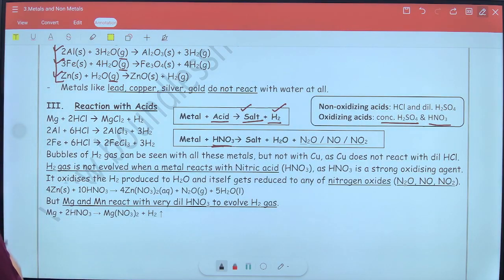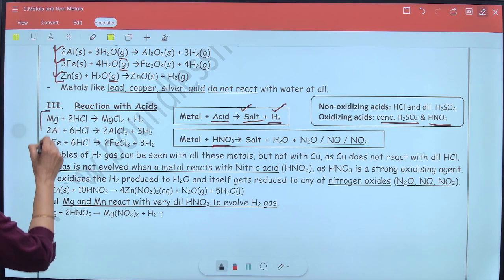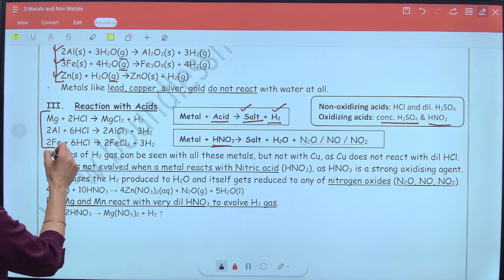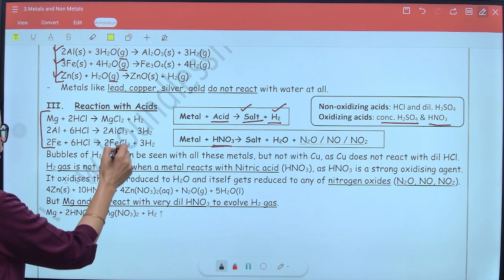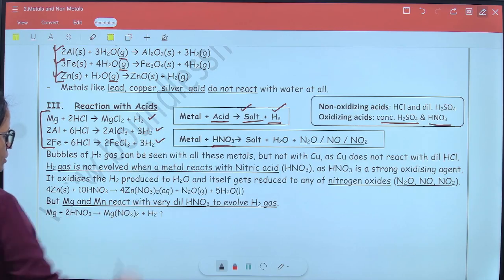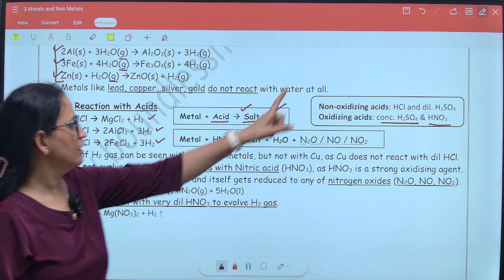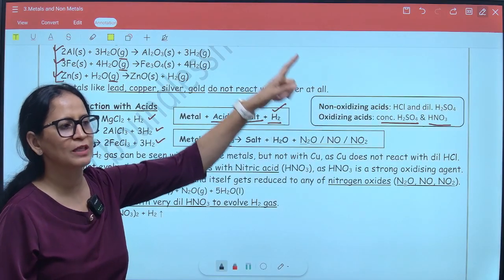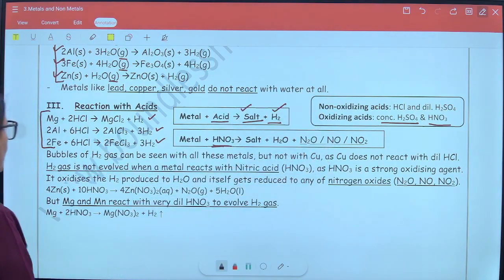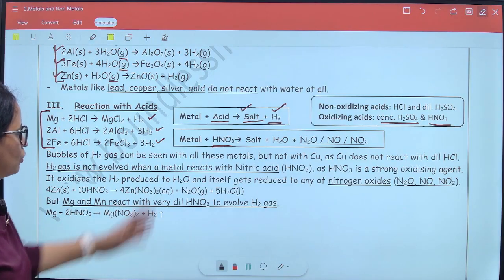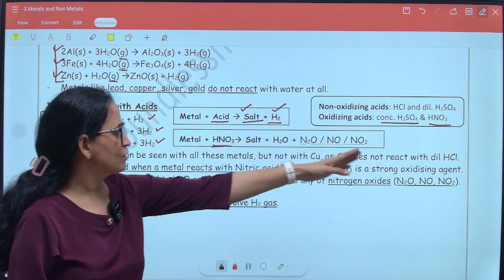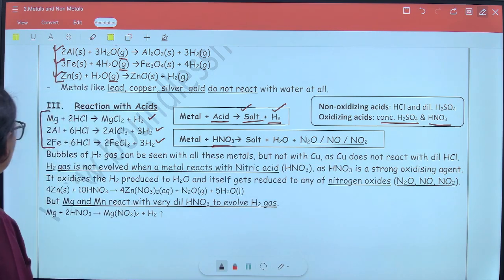So let's look at the reactivity of all these metals again. Magnesium, aluminium and iron all react with acids forming their salts and hydrogen is released. Again, hydrogen is released with non-oxidizing acids but not with oxidizing acids. Bubbles of hydrogen gas can be seen with all these metals but not with copper, as copper does not react with dilute HCl.